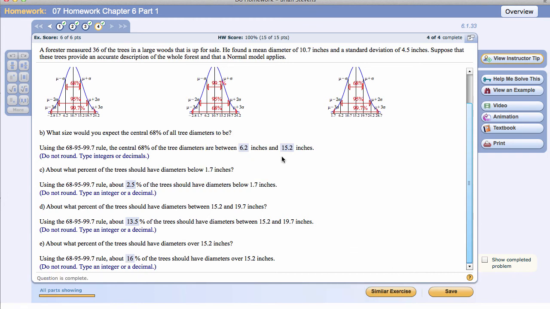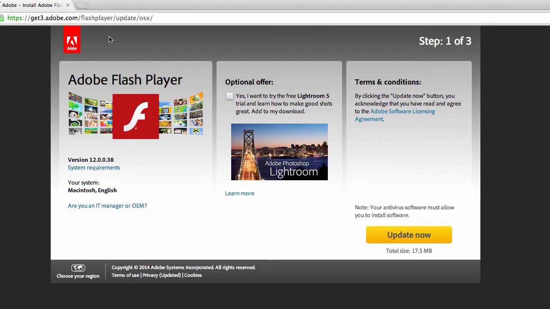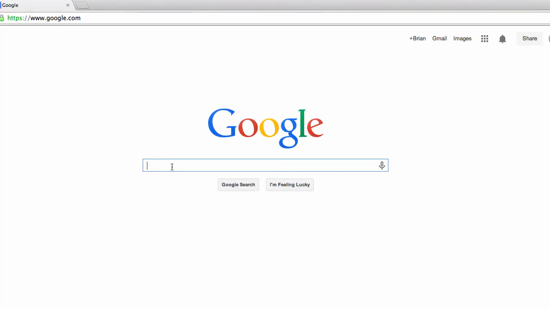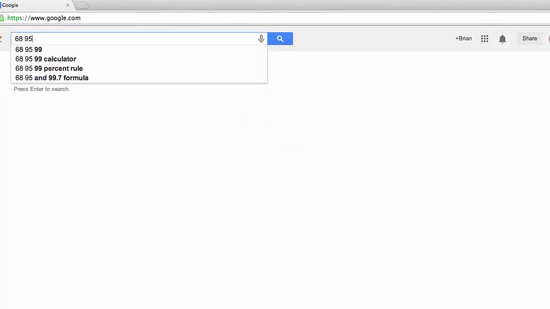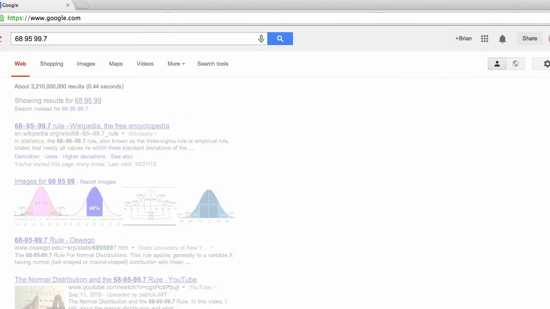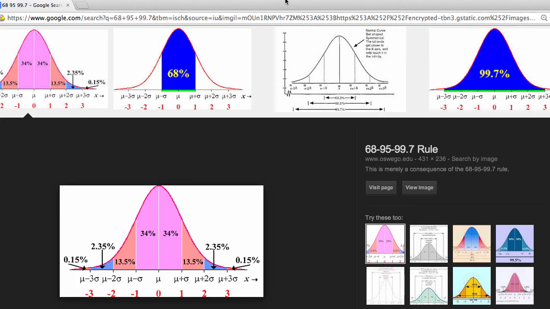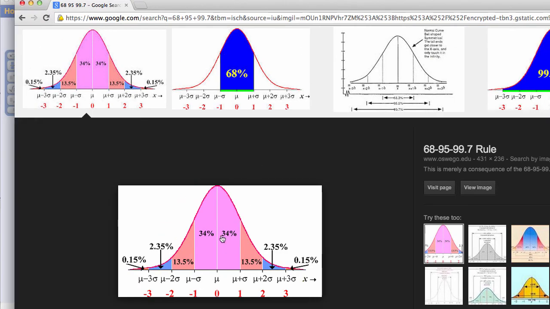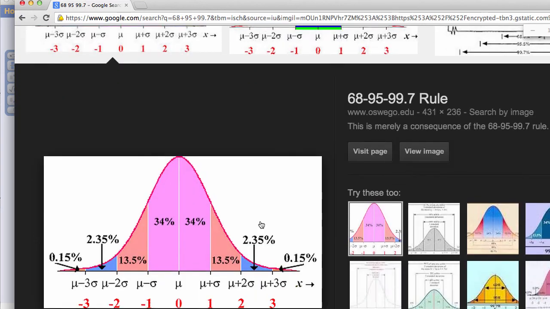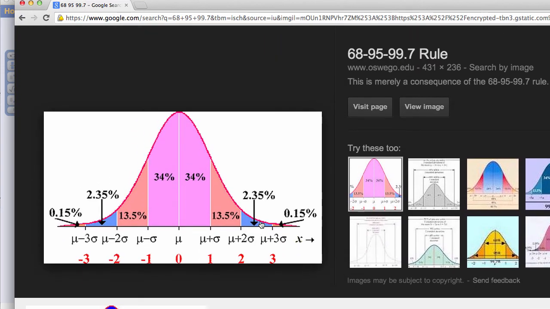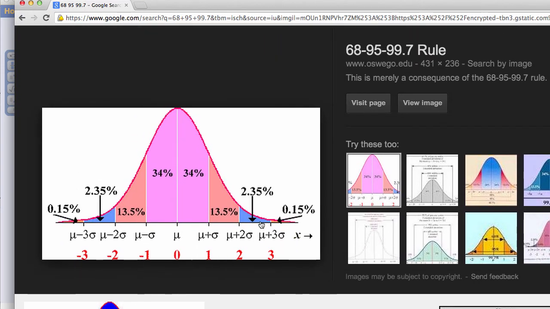So let's talk about one last thing with this problem right here. Let's go right here. I'll try to zoom in for everybody. With this in mind, here we go. Here's my favorite graph with all the areas in.